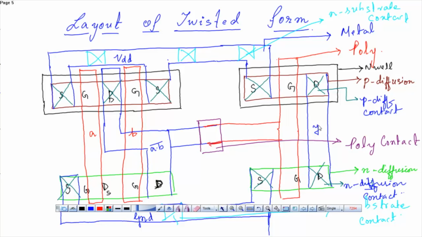Similarly, we can draw the layout directly from the normal form of schematic.